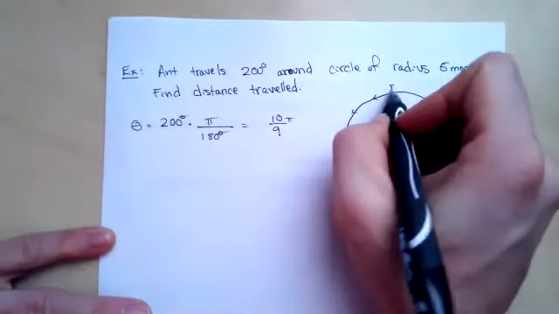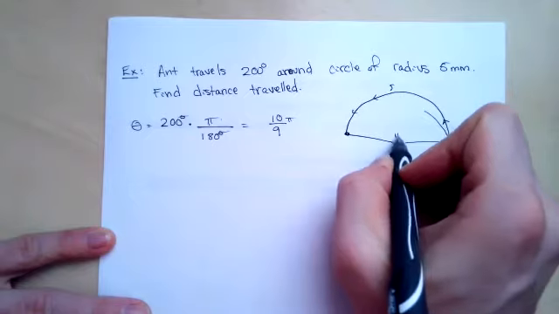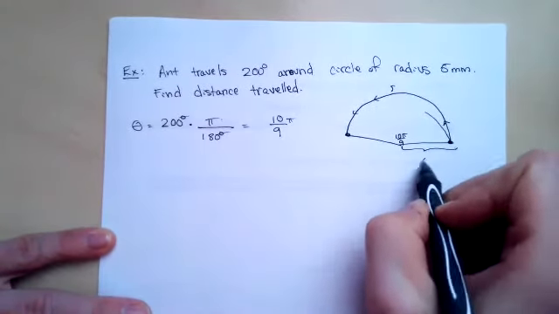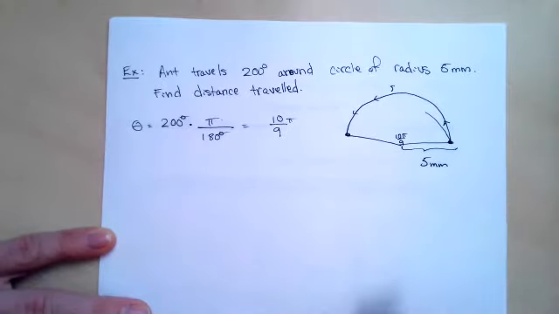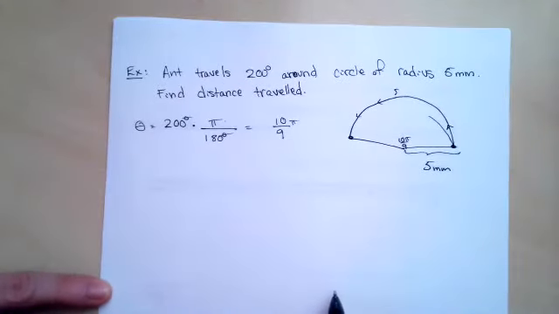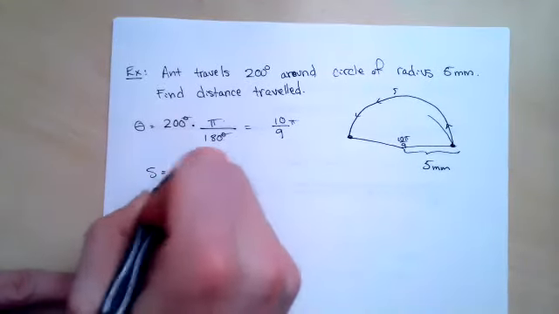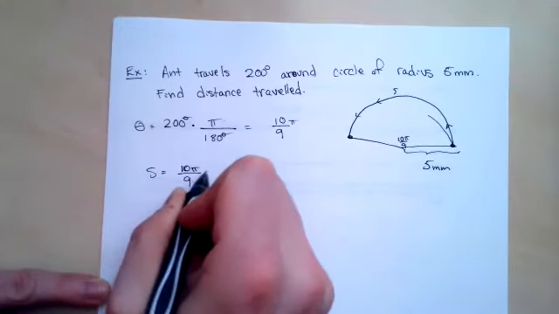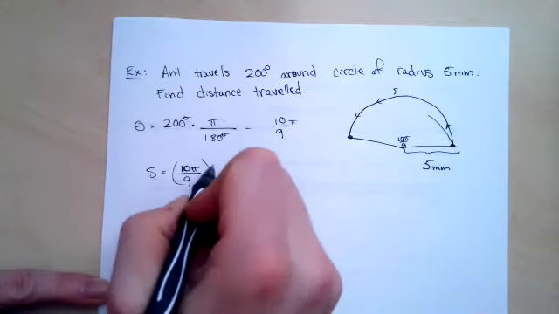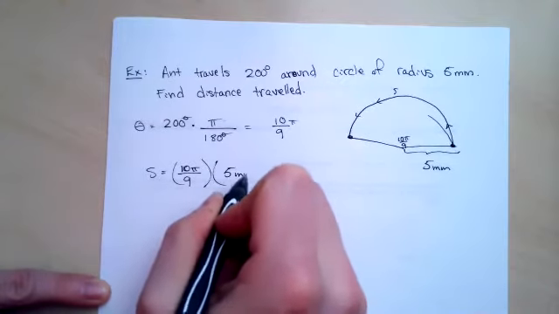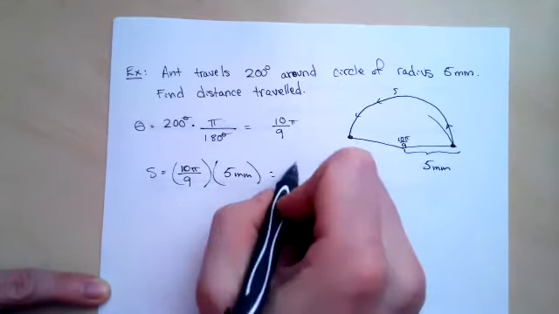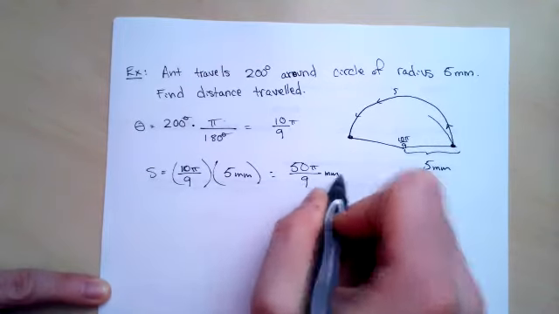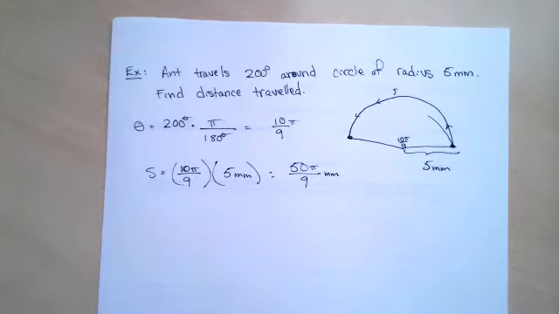Distance traveled is just going to be S. We've got our 5 millimeters for the radius. So our S is 10 pi over 9 times 5 millimeters.